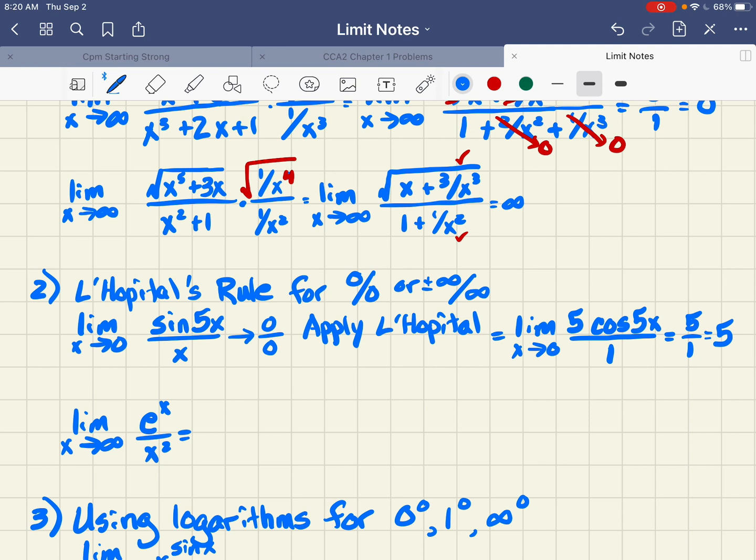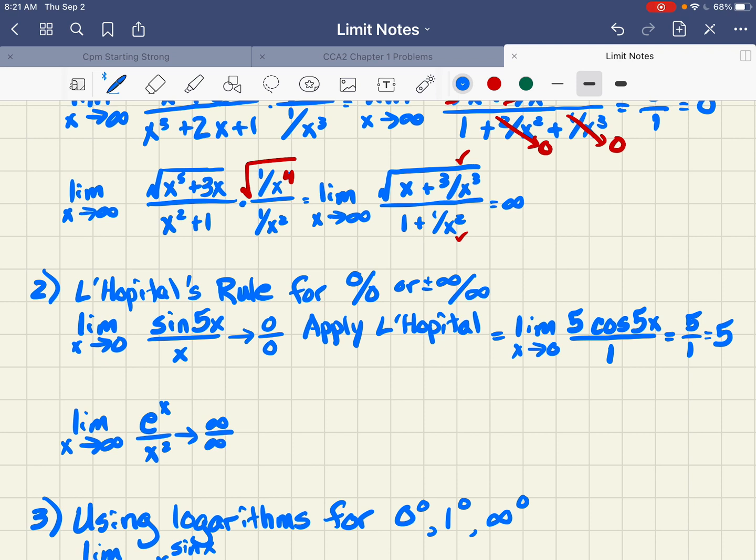The limit as x approaches infinity of e to the x over x squared. So if I thought about what happens as x goes to infinity, e to a very large power is going to approach infinity, and a very large number squared is also going to approach infinity. So I have infinity over infinity. And so what you should do is get in the habit of saying, yep, this is going to go to infinity over infinity.